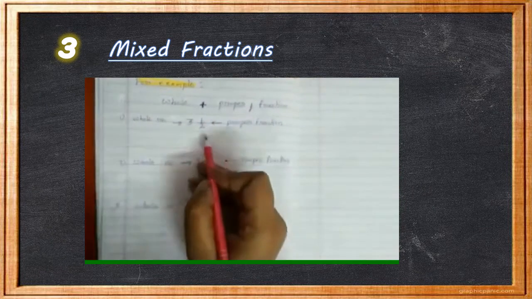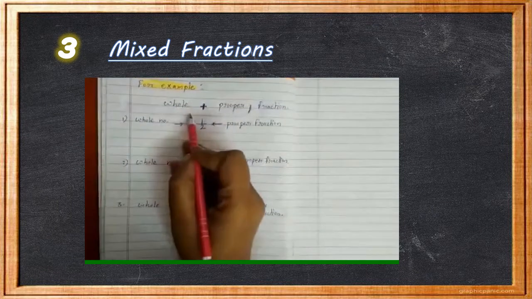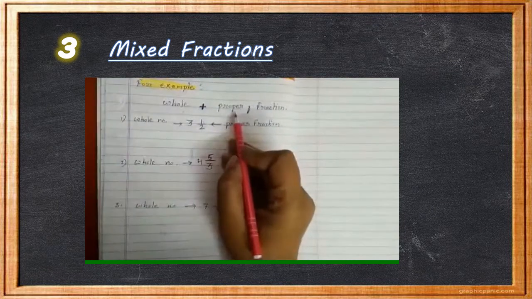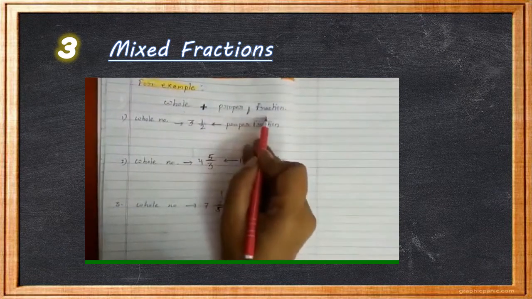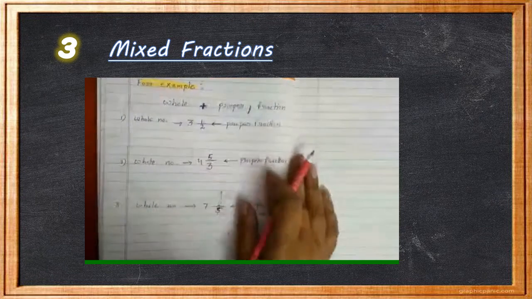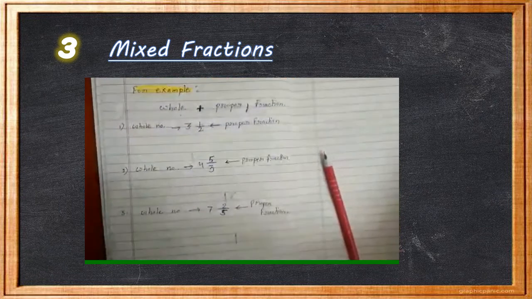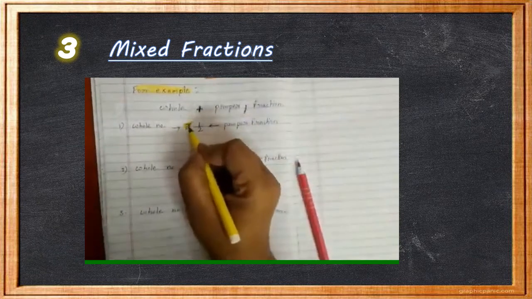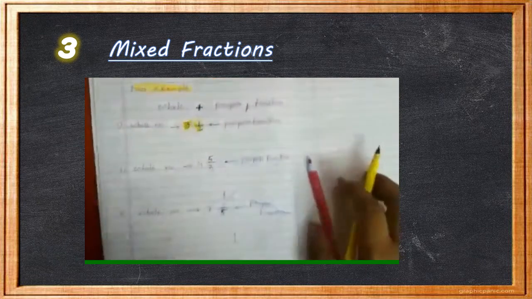Children, as I have told you, whole number plus proper fraction is what? Mixed fraction. Is it clear, children? So how do we write mixed fraction, children? See here. 3 is a whole number and 1 upon 2 is a proper fraction.